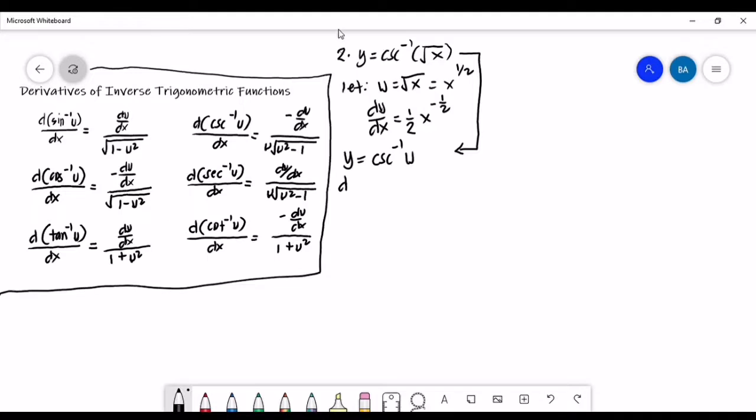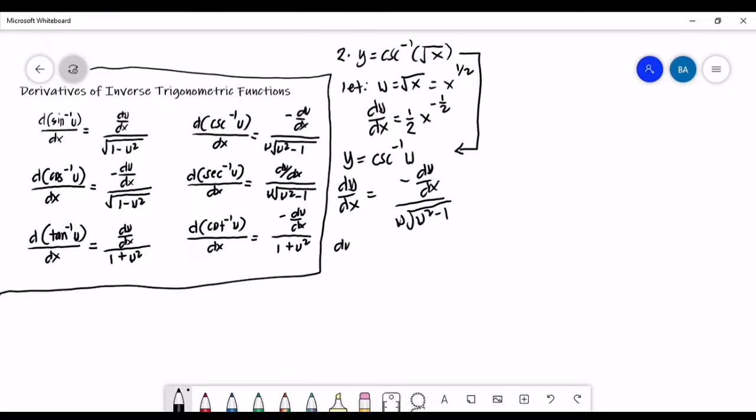The derivative of arc cosecant u with respect to x is equal to negative du/dx over u times the square root of u squared minus 1. Since we already have our u and our du/dx, which is equal to 1/2 x raised to negative 1/2, the next step is direct substitution.